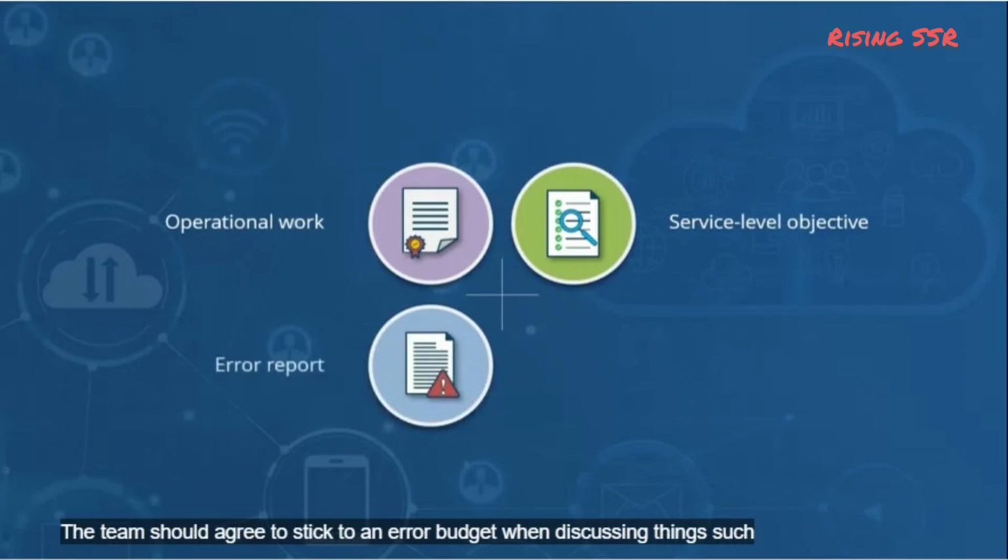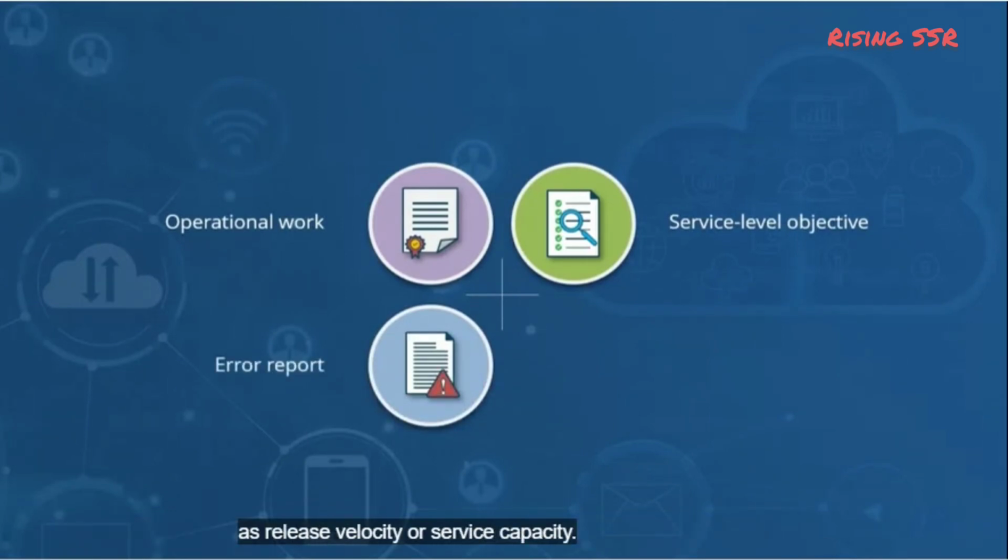The team should agree to stick to an error budget when discussing things such as release velocity or service capacity. An error budget defines how far from ideal such vectors can get before it's a pain point for the customer. So keeping track of this will keep the team on track for servicing the customer needs of reliability.